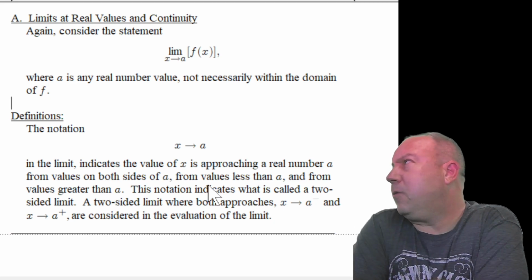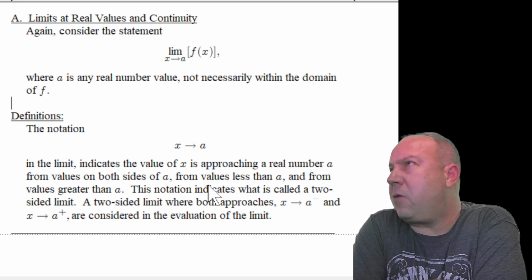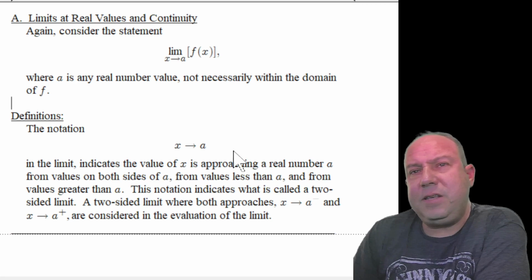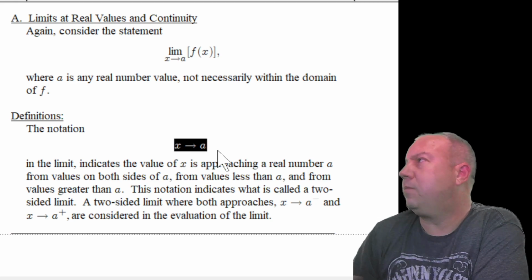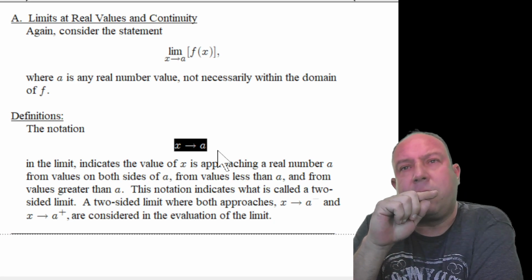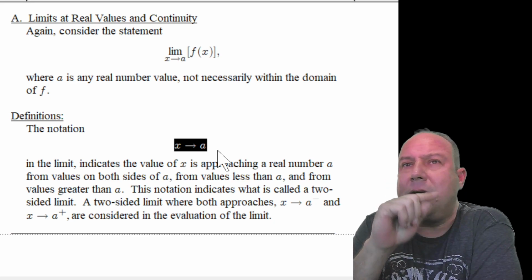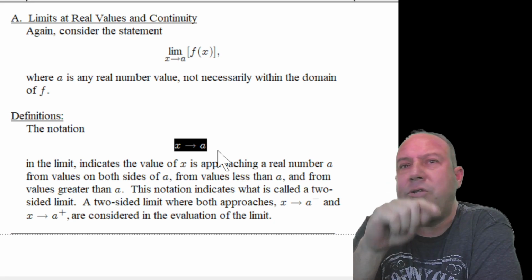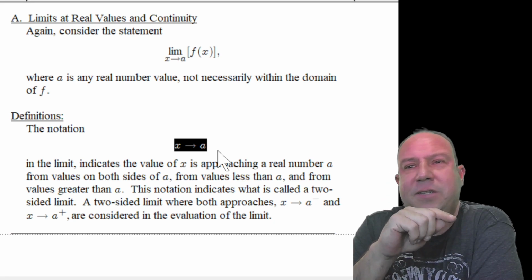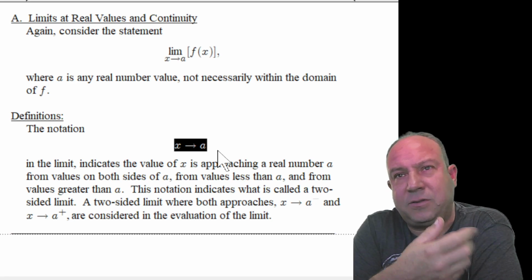Where I begin here with the discussion of continuity is just by going back and reiterating that when we see this notation, where we have an x with a right arrow pointing at the value of a, it indicates that in our limit, x is going to approach a from both sides. It's going to approach a from values less than a, and from values greater than a.